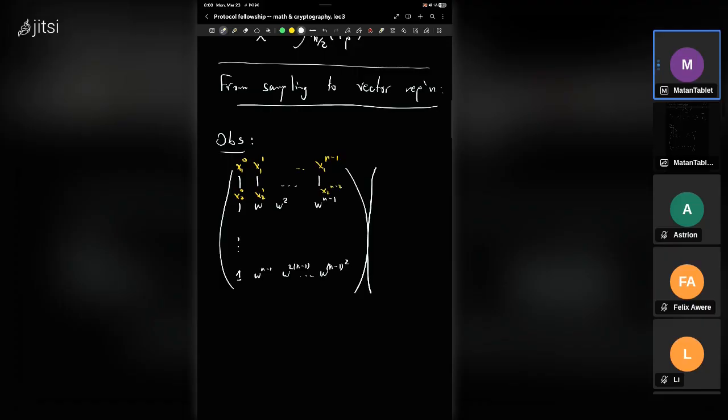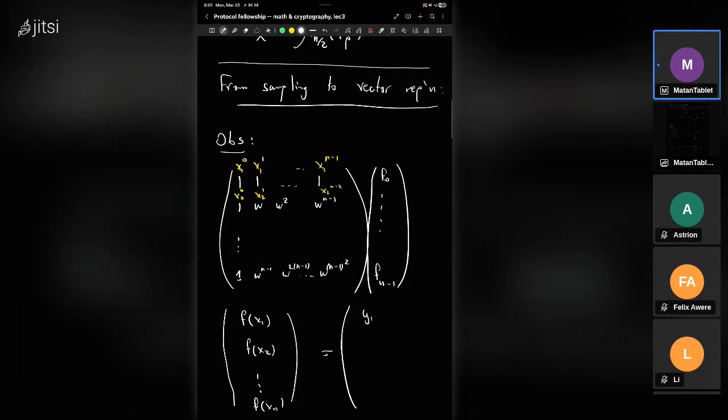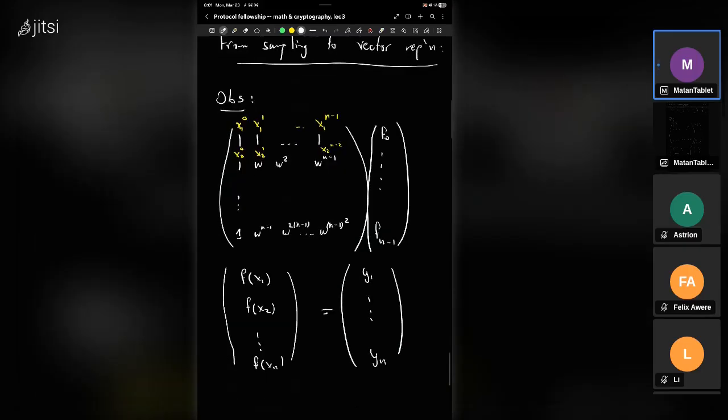And if you multiply it by f0 up to fn minus 1, you do the matrix vector calculation, you will find out that you get a vector that is f of x1, f of x2, up to f of xn, and that's the same as y1 up to yn. So in fact, the passage from vector to sampling representation can be done by matrix vector calculation.